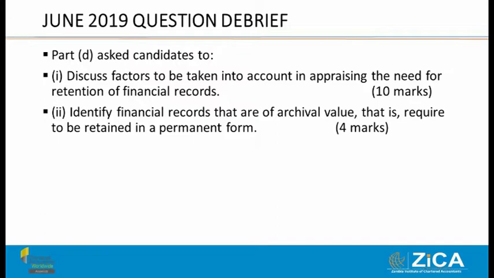But certain information, once a transaction has taken place, it will be necessary to keep for future reference. For instance, all information pertaining to legal transactions, maybe a situation where a company has employed people and these people have been given contracts of employment.